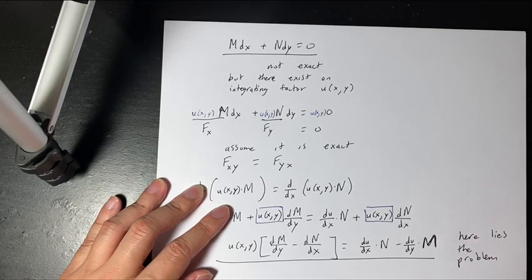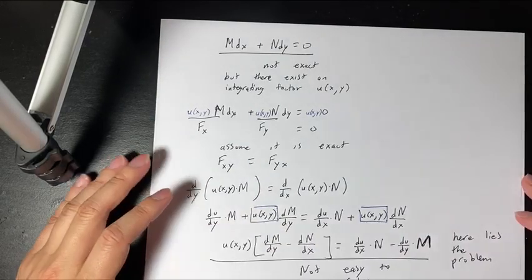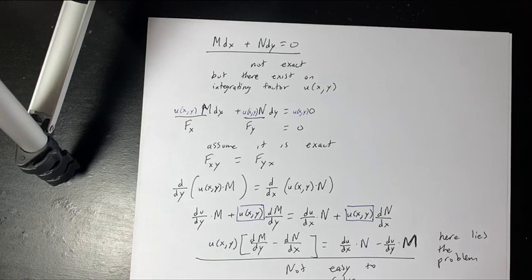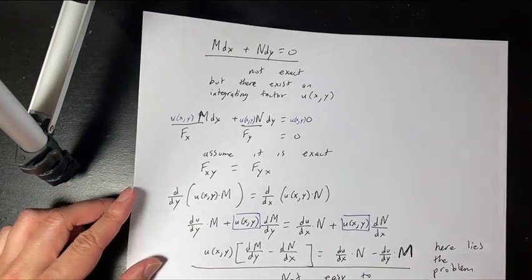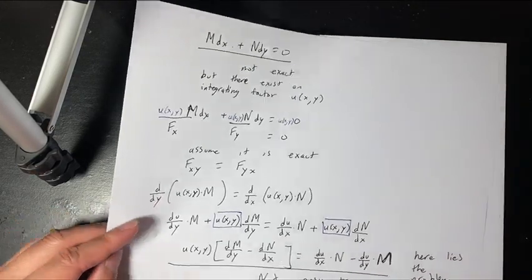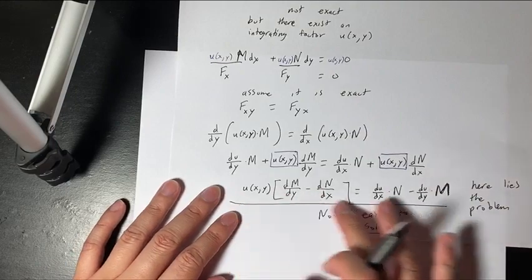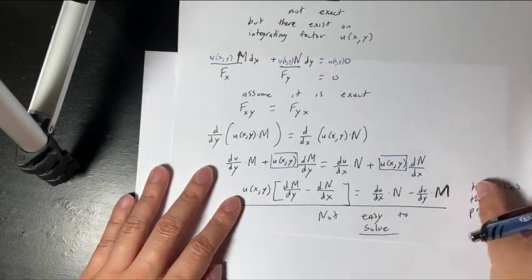This is not easy to solve. This is a differential equation that if you try to solve for u of x, y, you're going to have a hard time. But if you assume the simplest case, it's actually quite easy. So we're going to make this differential equation to solve for this u of x, y a lot easier.